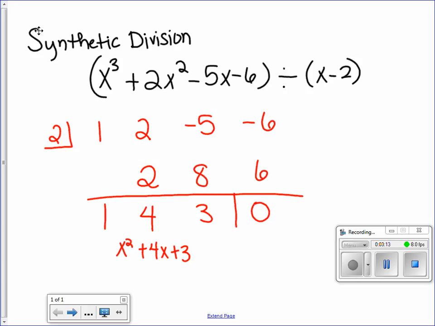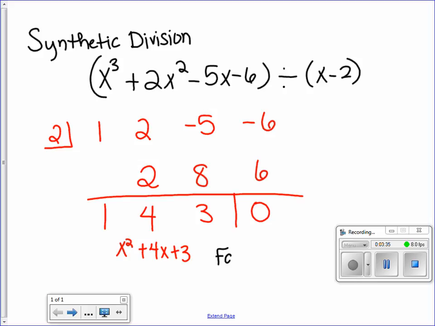Like 4 goes into 32 evenly. 4 is a factor of 32 because this goes into this with no remainder. It's a factor. Okay? That actually has a name.